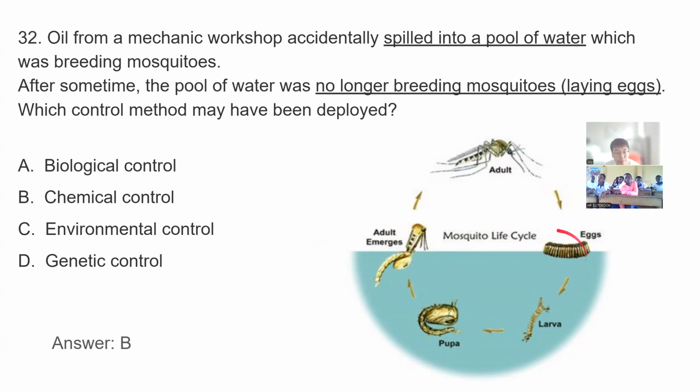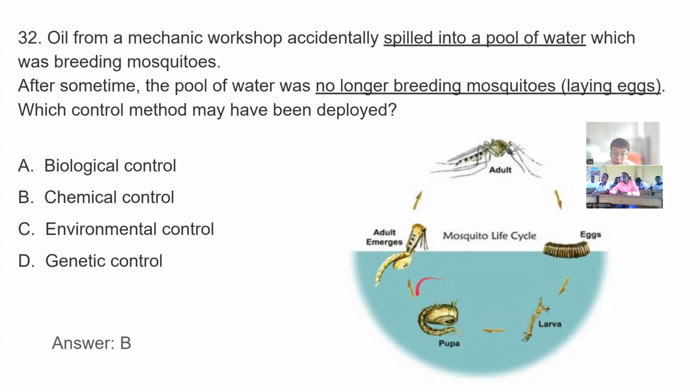Before we get into different controls, it's maybe better to get familiar with the mosquito life cycle. An adult mosquito first lays its eggs in stagnant water, and then it hatches into larva, and then it develops into pupa, which is like the middle stage between an adult and a larva.